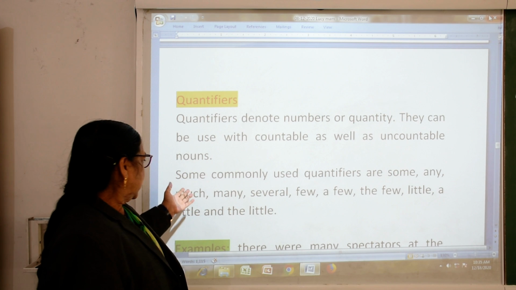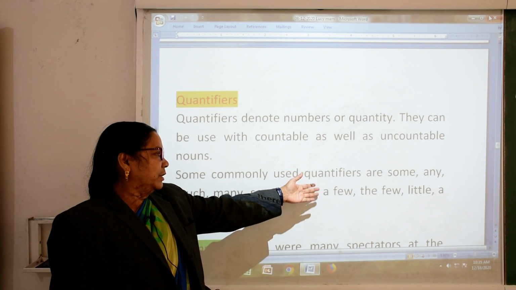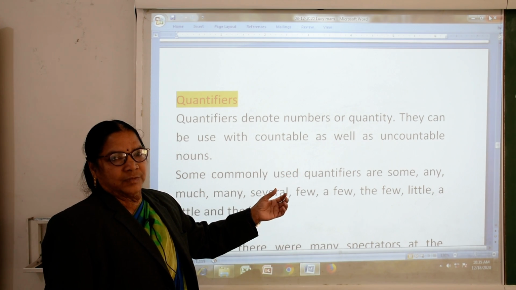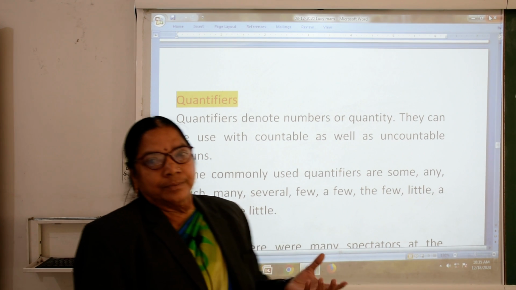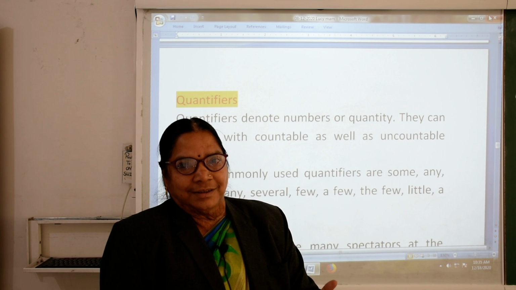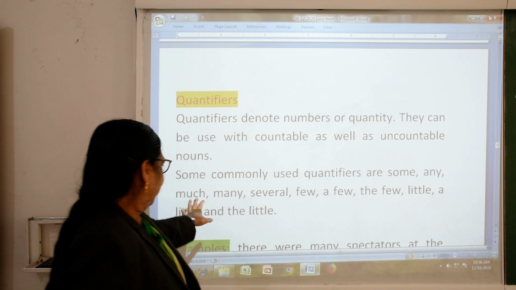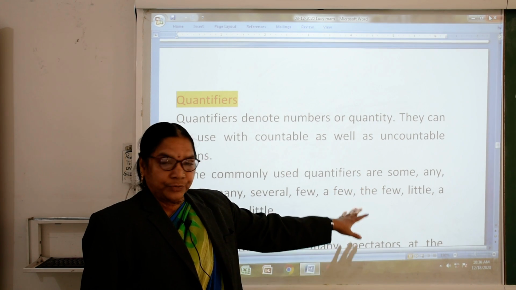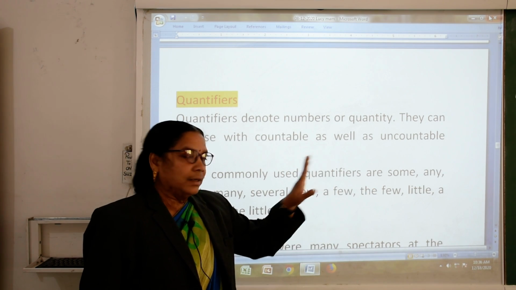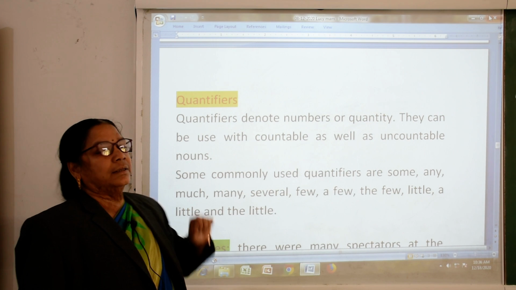Some commonly used quantifiers are some. Give me some oil. Some, any, much, many, several, few, a few, the few, little, a little and the little.